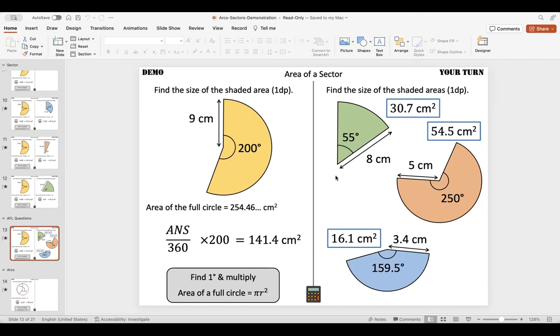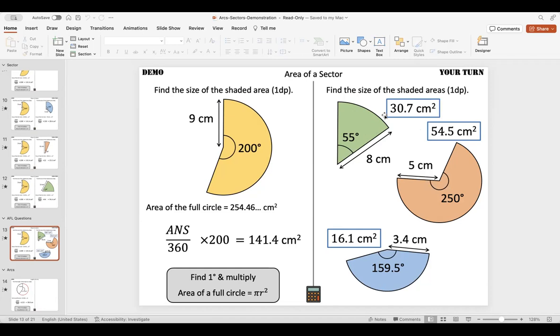So you can work your answer towards the given one. The answer for the first one is 30.7, so try and work towards that. The second one is 54.5. Don't forget, just do the angle divided by 360 times pi times radius squared.